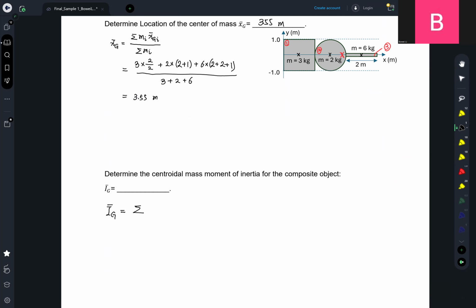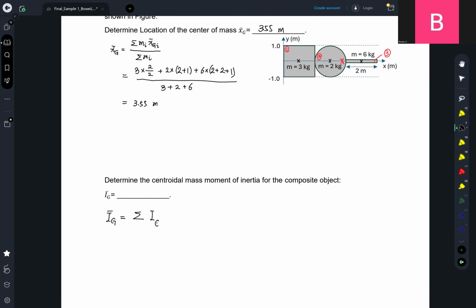So for each part, according to the parallel axis theorem, it equals the central mass moment of inertia of each part, denoted as I, plus, okay, now it is the mass of each part times the square of the distance between the center of mass of each part to the axis or the point that we would like to evaluate the mass moment of inertia about, right?